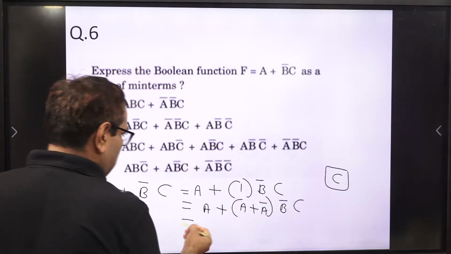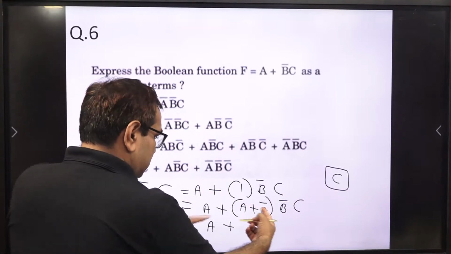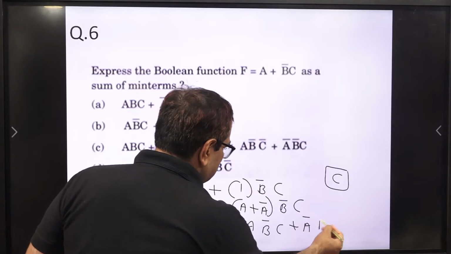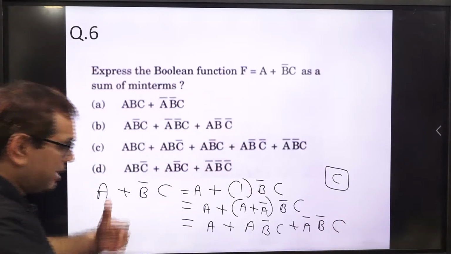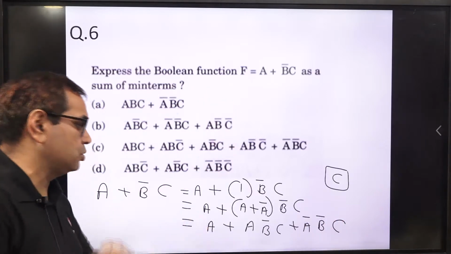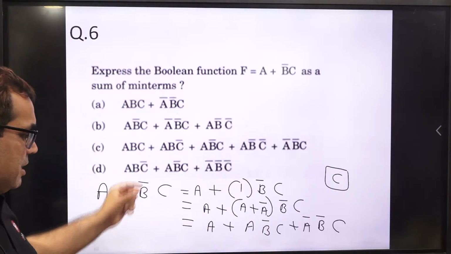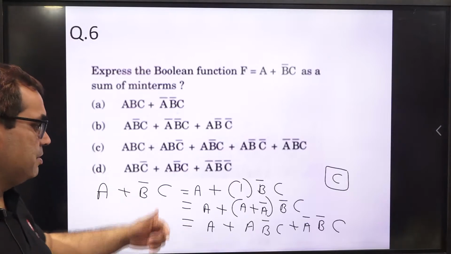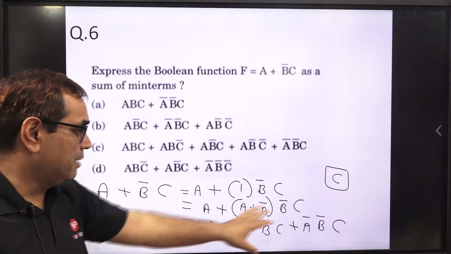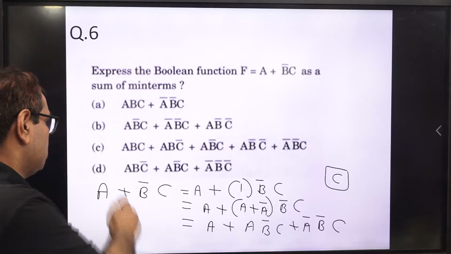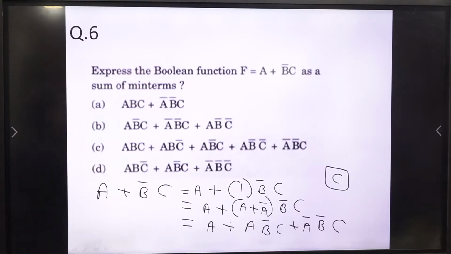So equal to a plus a b bar c plus a bar b bar c. Now similarly you have to introduce b and c here also: first a b plus a b bar, then a b c plus a b c bar plus a b bar c plus a b bar c bar, and then plus this. If two terms are repeated, write them once, so you will get the C answer with this concept. Now let us see our next question.